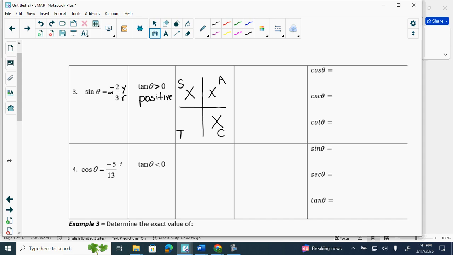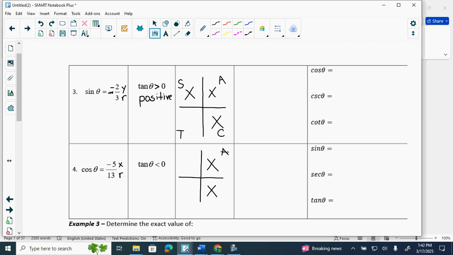Let's look at this one. Cook extra rice. Now sometimes they'll put the negative on the 13s, but you know better. R can't be negative, right? So you'd have to move it up to the x. But once again, this one, x has to be negative. So it can't be here or here, because x needs to be negative. We agree?